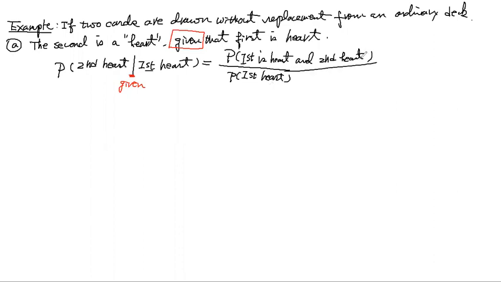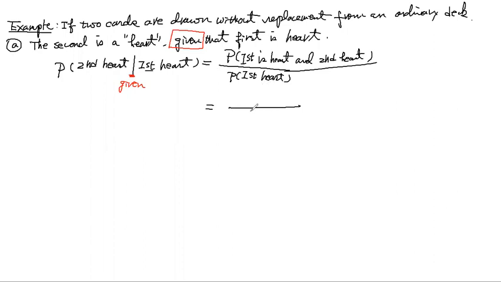Now let's take a look. How do I find the probabilities here? The first one is a heart.